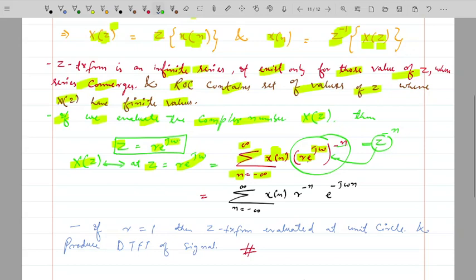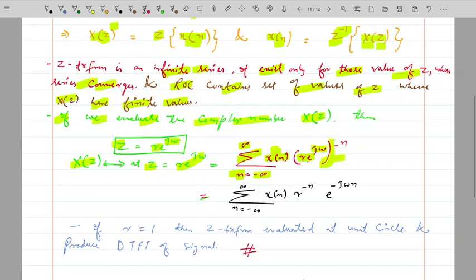We need to remember this. Then if we simplify this equation, the bracket is gone.